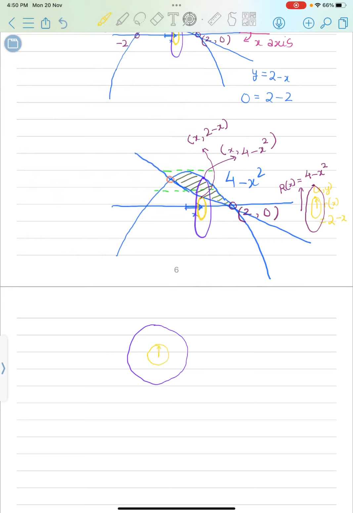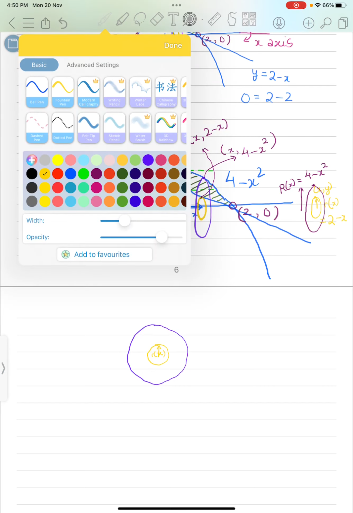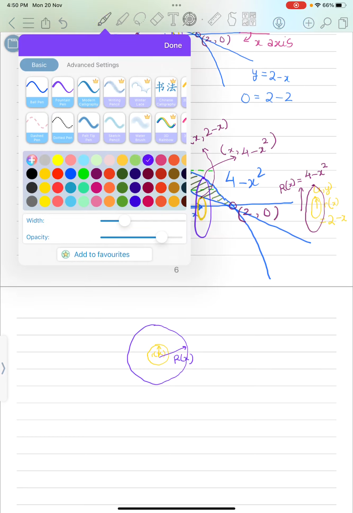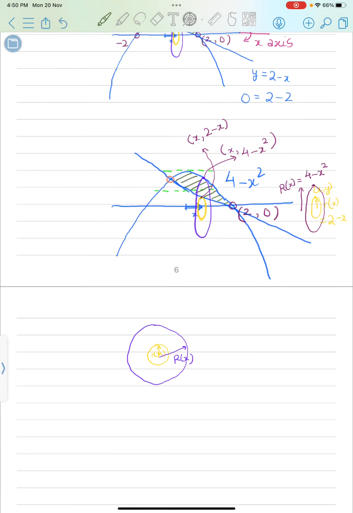So this is small rx and this is capital Rx, and our cross sectional area is this one that we are interested in.